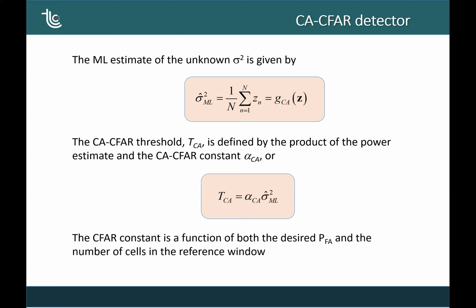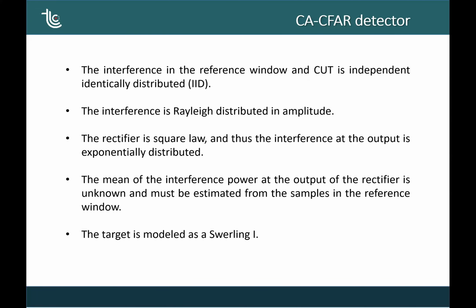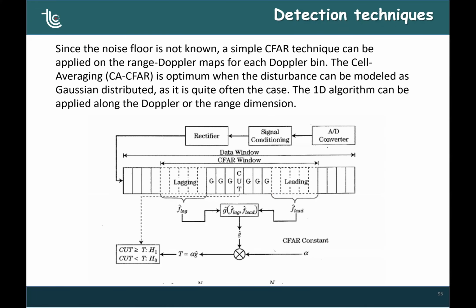So it's 1 over N, the sum over N of z_n. And this is the G, the coefficient that we have seen here. So we take all the samples coming from the lagging and the leading range cells, then we make the average, and this average is G in the CA.